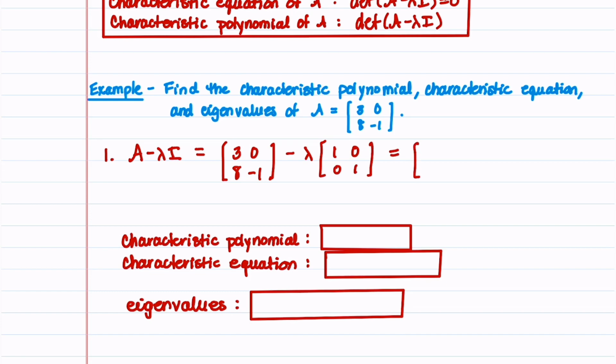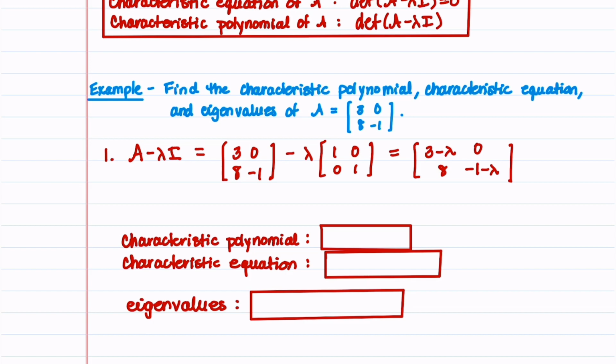And that gives us 3 minus lambda, 8, 0, minus 1 minus lambda. So going forward, you can probably skip that step and then just know that you have to subtract off lambda off the main diagonal.